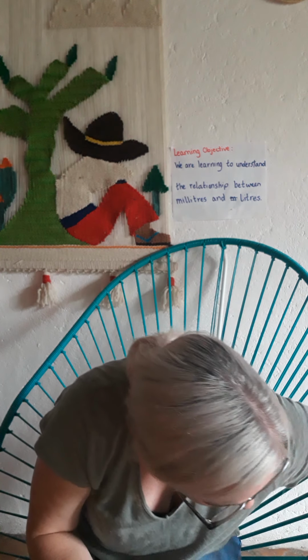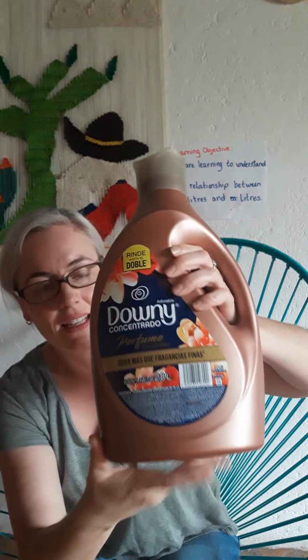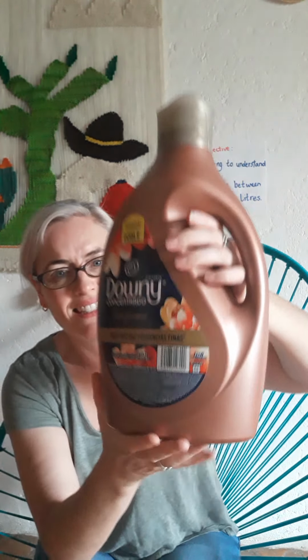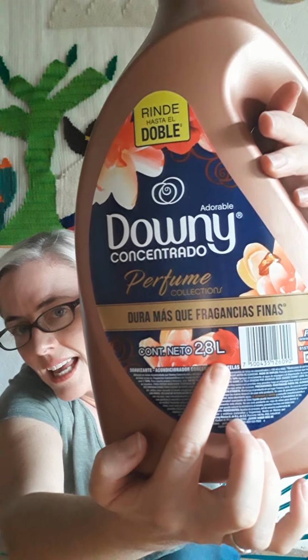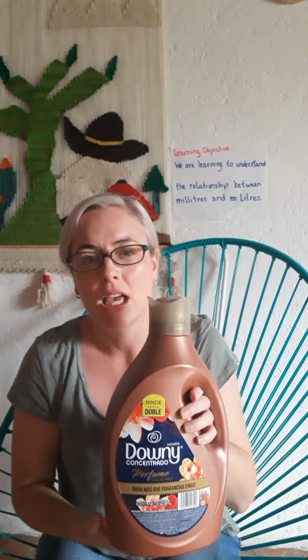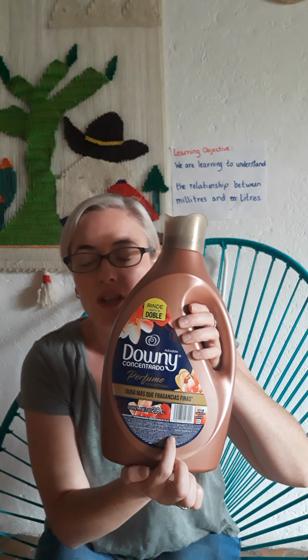And the last one I have, whoa, my Downy to make my clothes smell nice and fresh. Now let's have a look here. This is quite strange. It says 2,8 liters. So that's probably going to be 2 liters and 800 milliliters.